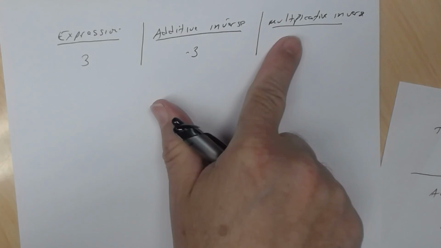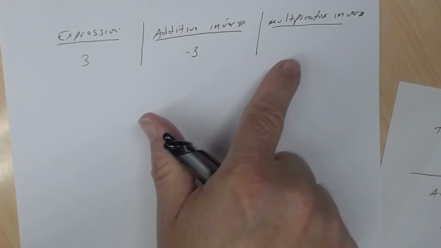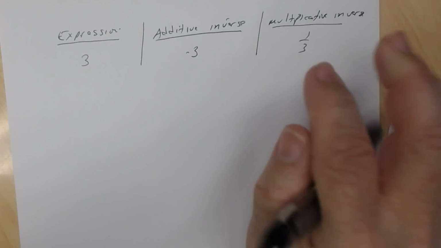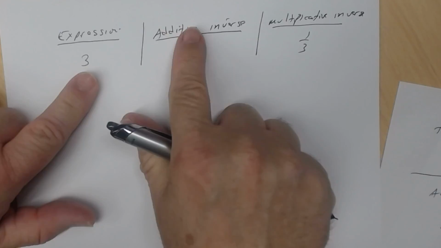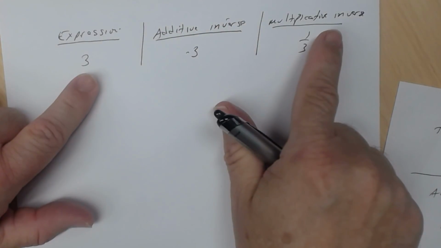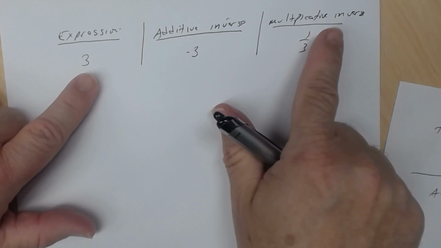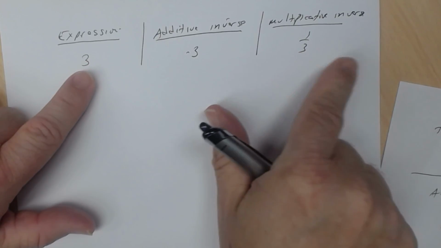So the reciprocal of 3 is 1/3, because when you multiply 3 and 1/3 together, you get 1. Remember, the identity element for addition is 0. The multiplicative identity, or the identity element for multiplication, is 1. 3 times 1/3 is 1.